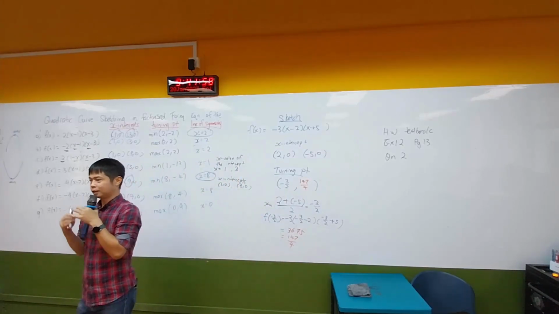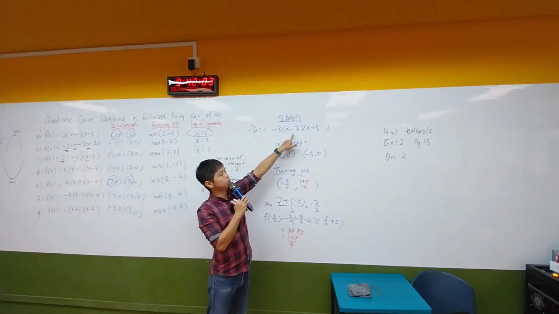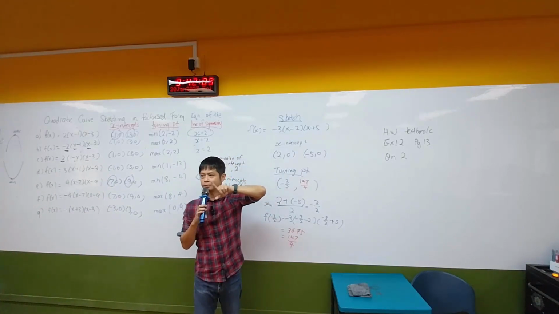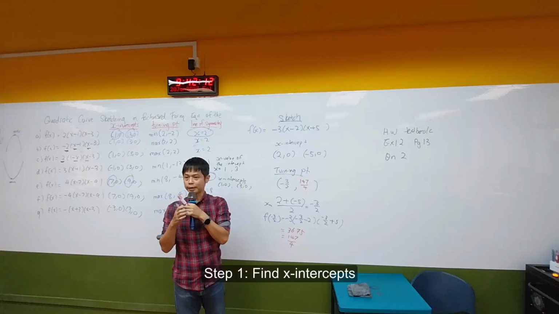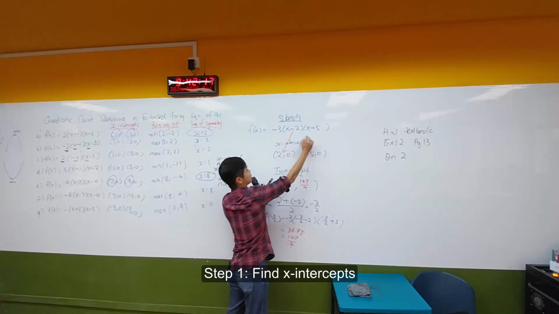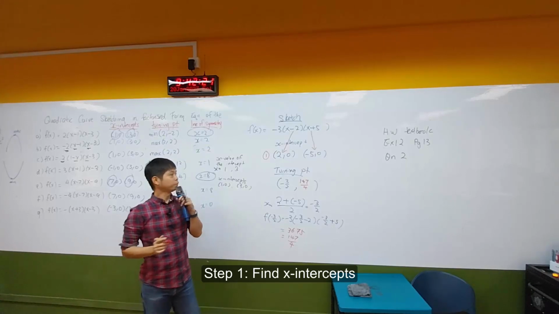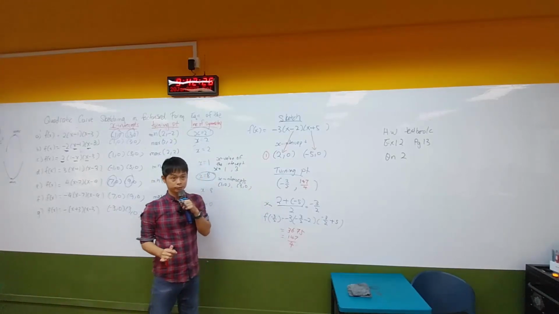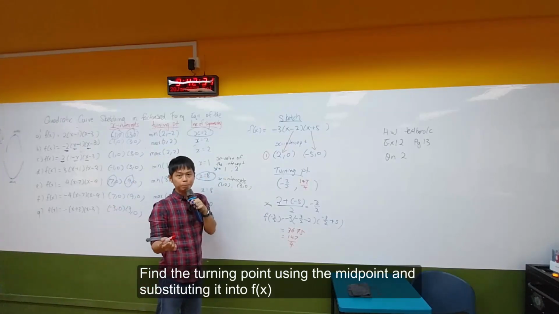Before we sketch, let us recap what is happening. From this factorized form, what is the first thing you need to find? The x-intercept. Are you able to do that now? From the x-intercept, are you able to find the x turning point? Using the midpoint.